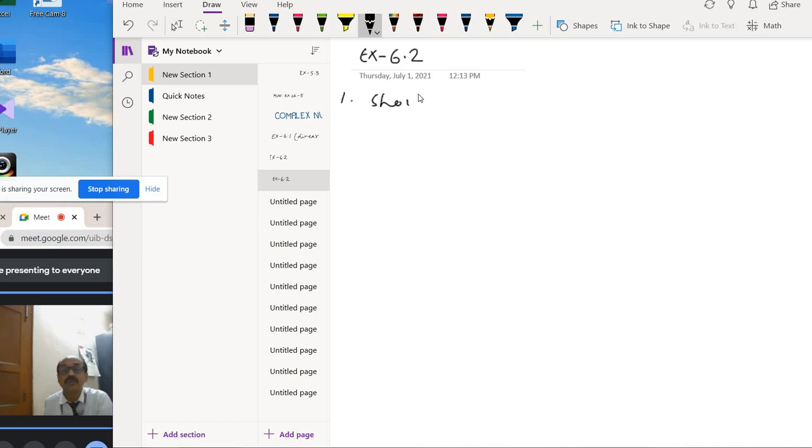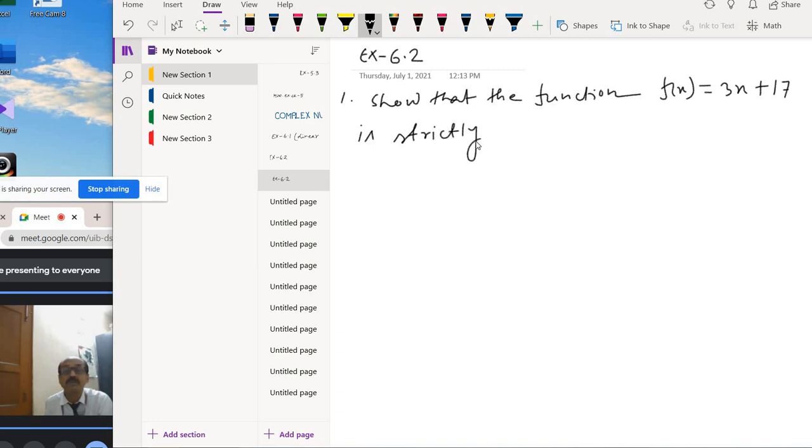Show that the function f(x) equal to 3x plus 17 is strictly increasing on R, real numbers.